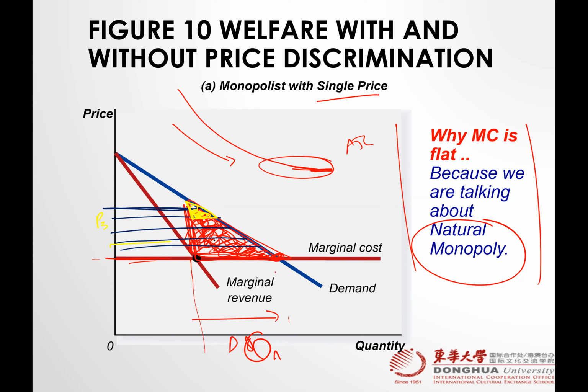If you charge this much price, then you reduce this much deadweight loss. So in every market, you are charging different prices. It means essentially the deadweight loss is zero. The more you charge different prices, the closer the deadweight loss gets to zero.